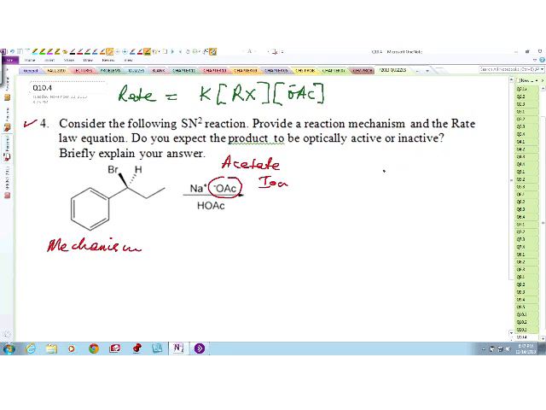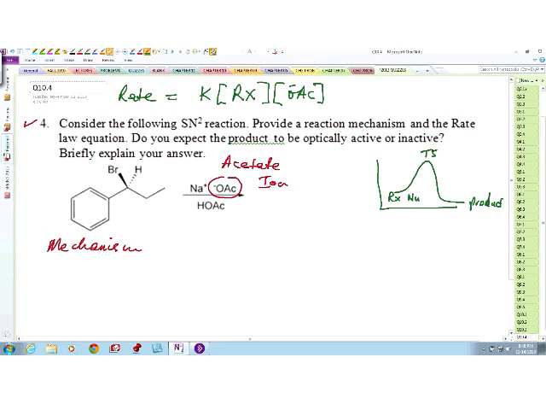Okay? So which means that if we draw the reaction energy profile for this, it will look like this. Okay. The reactants are here, the nucleophile also here, and the product is here. And you only have one transition state.